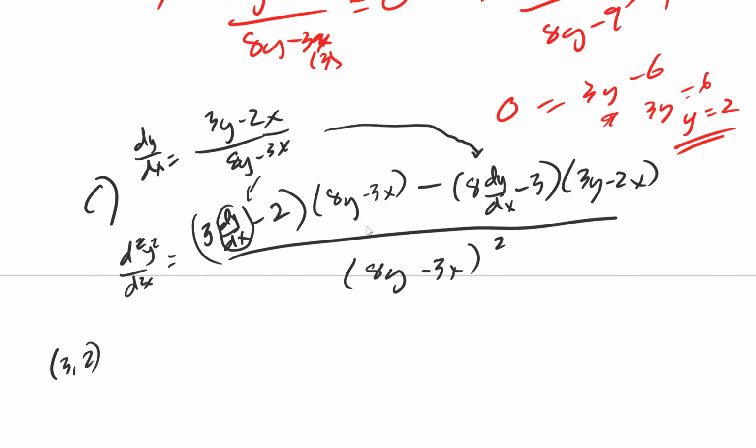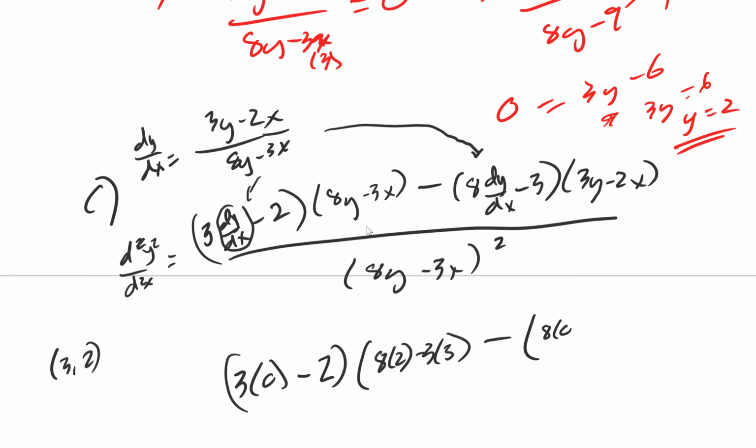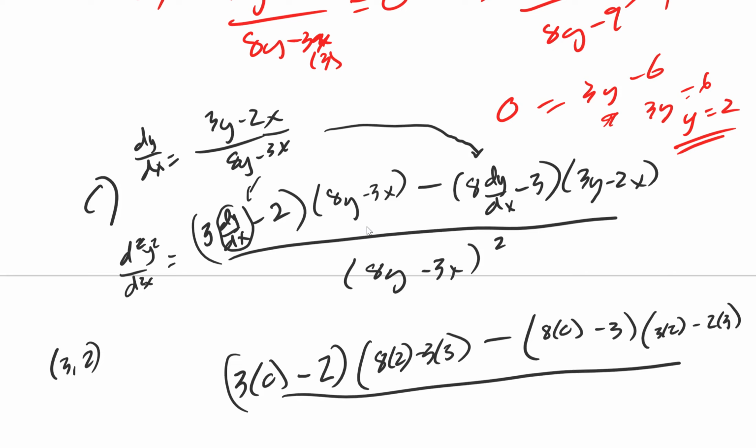So I'm going to get (3 times 0 minus 2), times (8 times 2 minus 3 times 3), minus (8 times 0 minus 3), times (3 times 2 minus 2 times 3), all over (8 times 2 minus 3 times 3) squared.